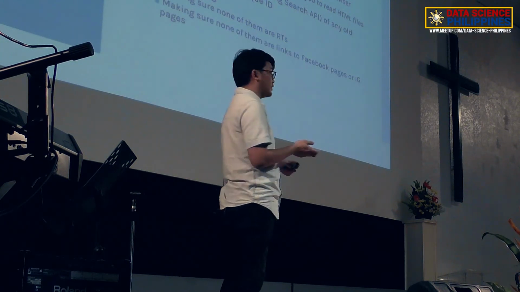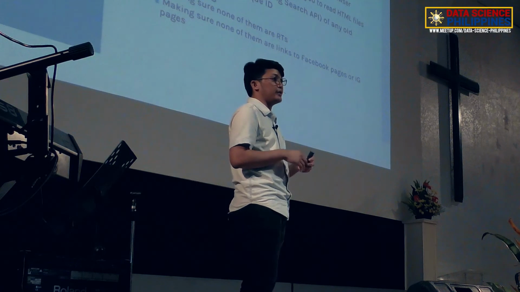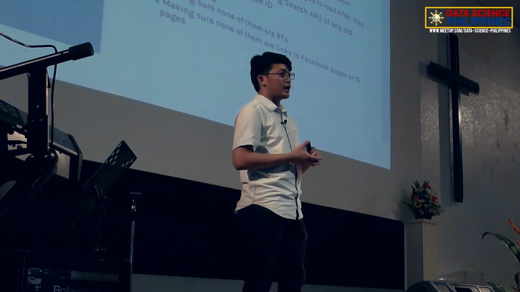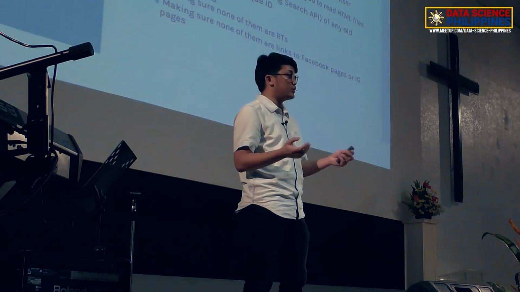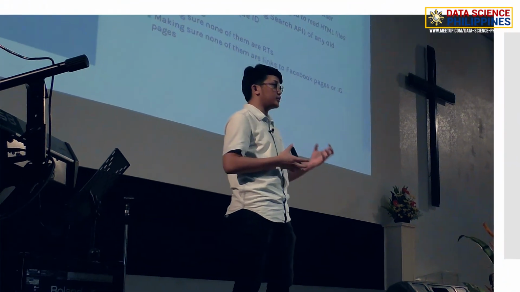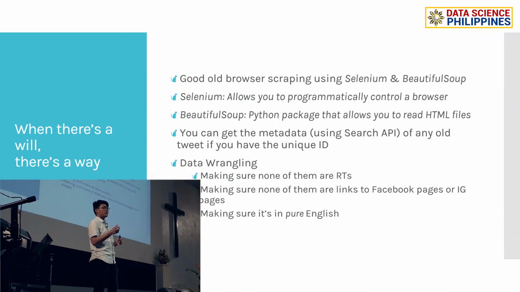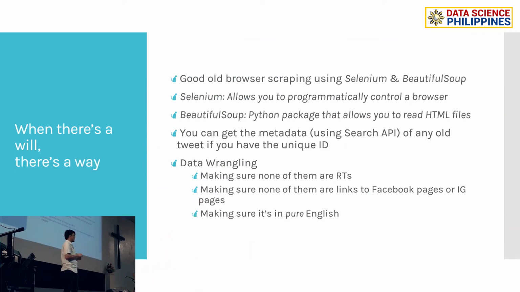Making sure that none of them are just links to a Facebook page or an Instagram page. One thing that's usually very prominent now is people linking on Twitter with a link in there. My problem there is that although I would have loved to work with Facebook and Instagram APIs as well, their APIs don't actually allow you to grab data even from public accounts.